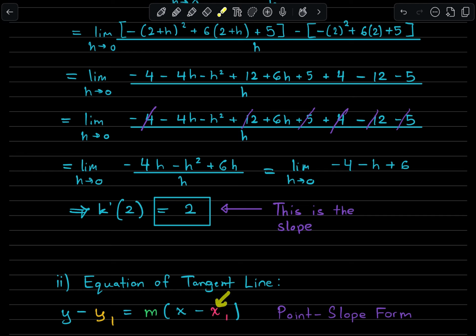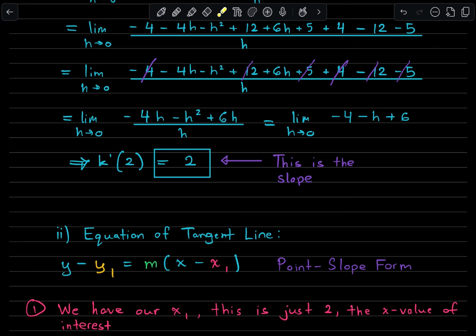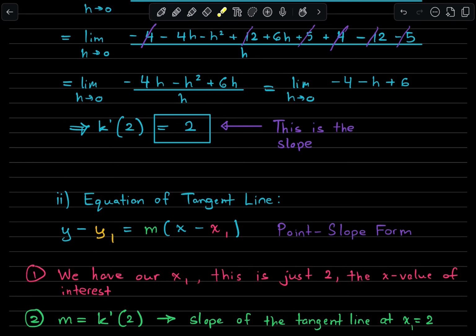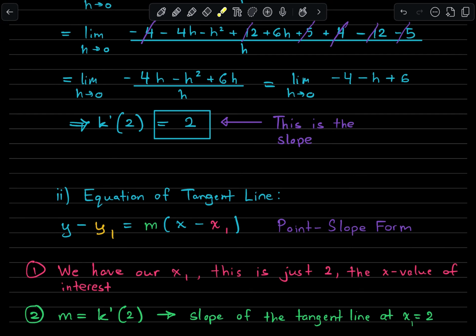So x1 is the actual x coordinate of interest, y1 is the y coordinate of interest, and m is the slope that we actually just found. So we have our x1. This is just 2. This is what the problem gave us to begin with. They said find the equation of the tangent line at x equals 2, so this is our x value of interest. We just found m, which is equal to k prime of 2.